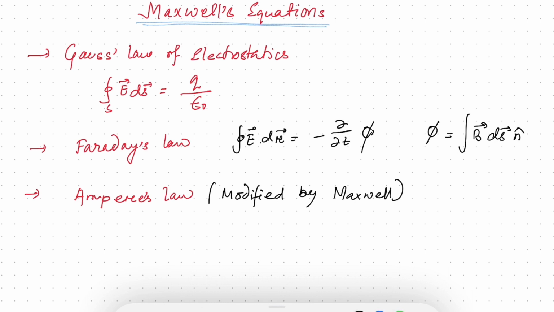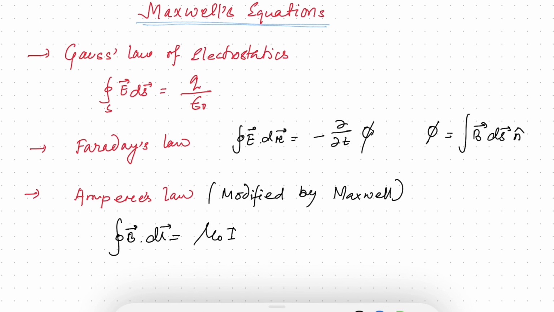The original Ampere's law is this one, integration B dot dl equals mu naught I, right? This is the original Ampere's law that is given by Ampere.